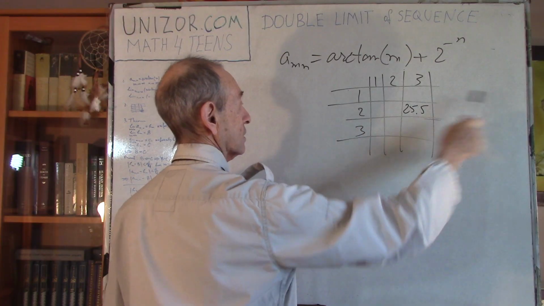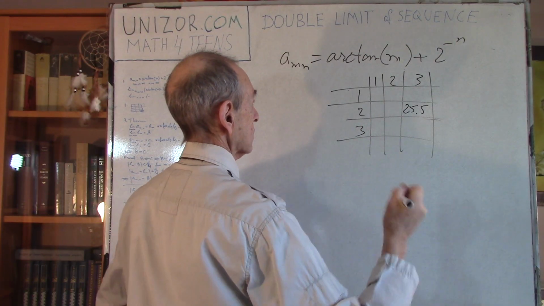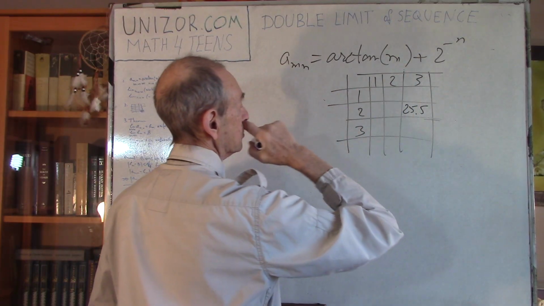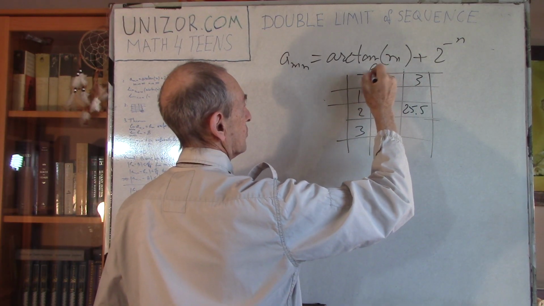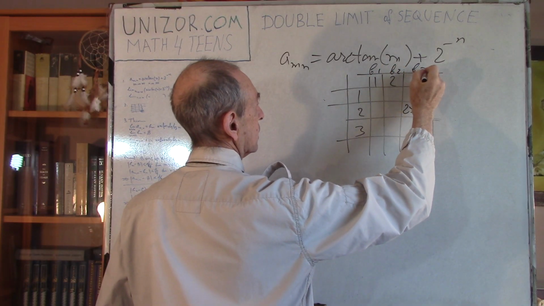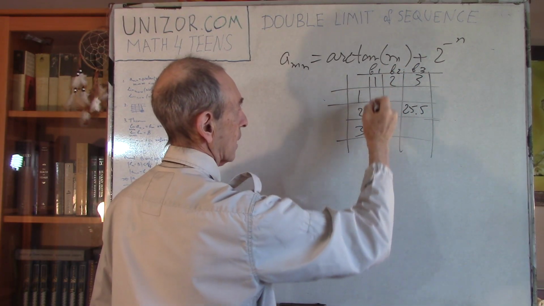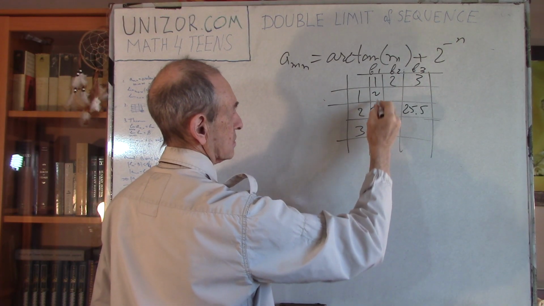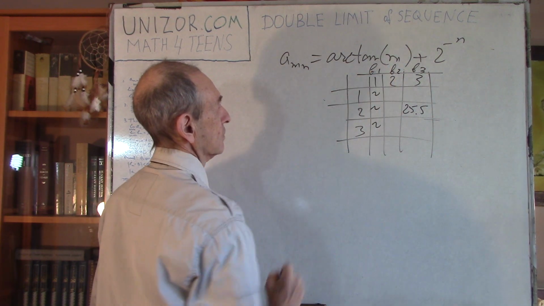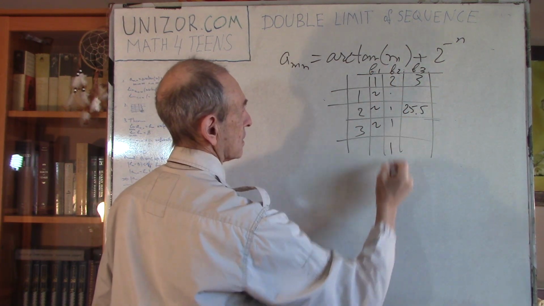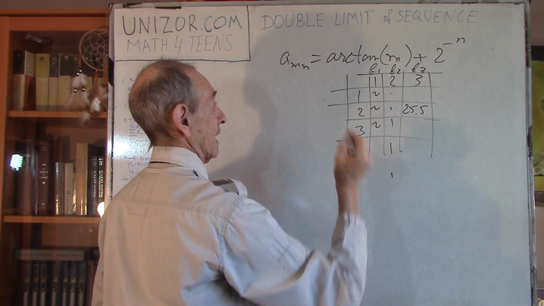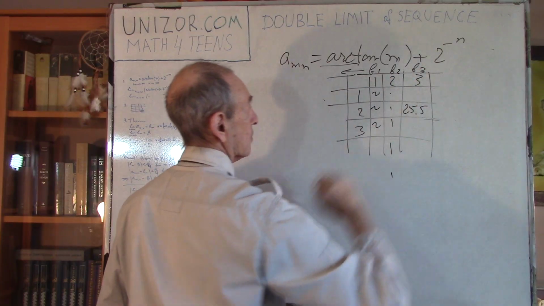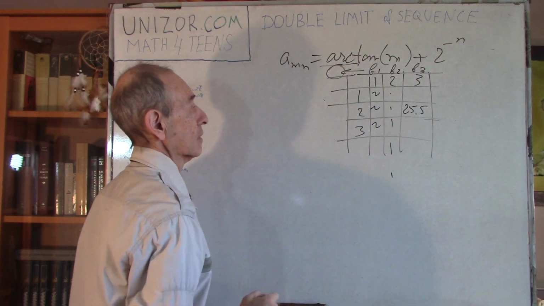On each vertical column I will get some kind of a limit, B1, B2, B3. If I go down all the way to infinity, these numbers are converging to B1, these numbers are converging to B2, etc. Then I can go to infinity among the limits and get some kind of a number.